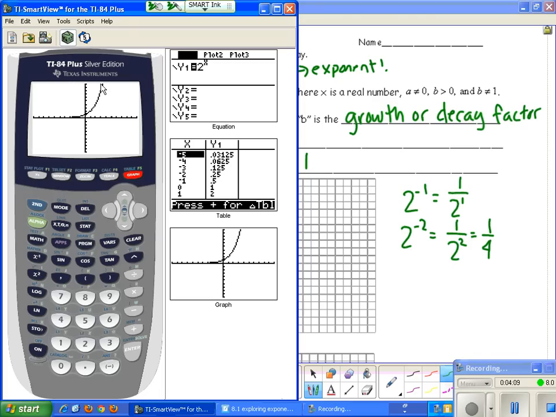So the y values are shooting up. And what are these values doing as we go on the negative side for x? If I hit trace, notice that my values are getting closer and closer to the value of 0, because remember, this just really means we're moving the decimal place 5 places to the left. But the question is, can I ever get 0 on my graph? And the answer is going to be no.